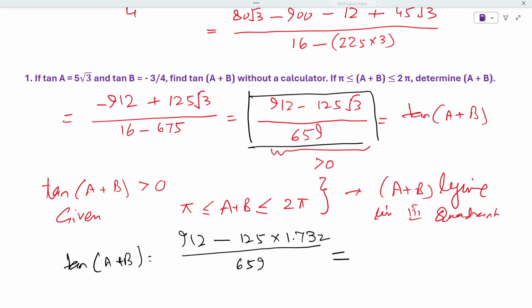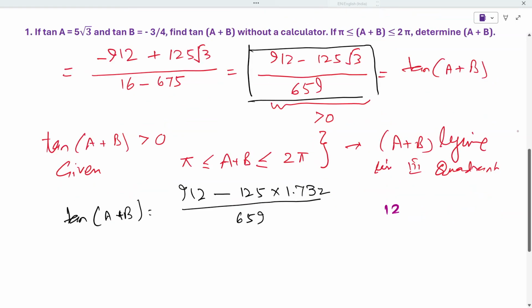For example, I know that 125 into 8 will give me 1000. Now it is always easiest to multiply any number with a power of 10. So this is 10 raised to power 3. So what we will do?